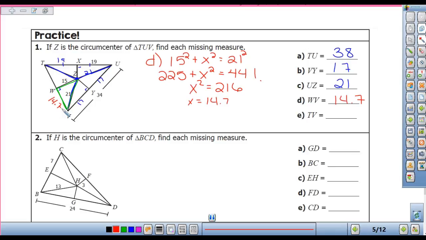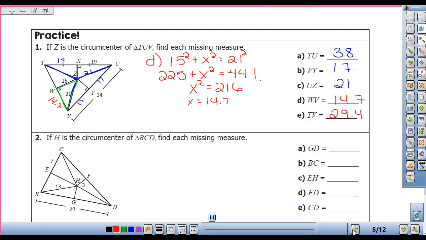Then they want TV, they want the whole thing. So what do I have to do with 14.7? Double it and get, come on, fill me in, guys. 29.4. Okay, we can use everybody's participation. It won't hurt us to answer a question. Horrible? No, but you gotta know some stuff, right?